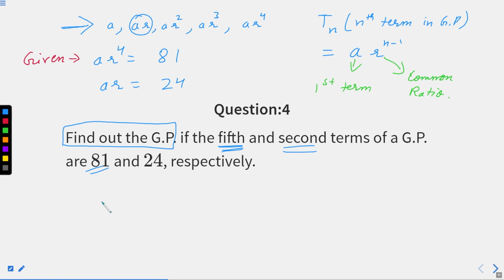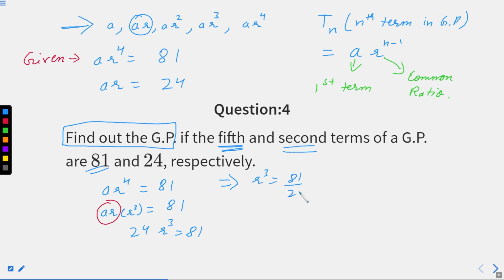So I know AR to the 4 is 81, which is AR times R cubed, and I know the value of AR is 24. So 24 R cubed equals 81, which implies R cubed equals 81 by 24.